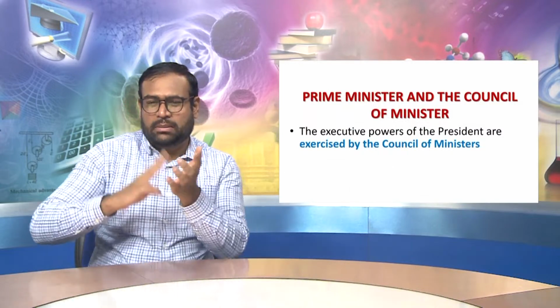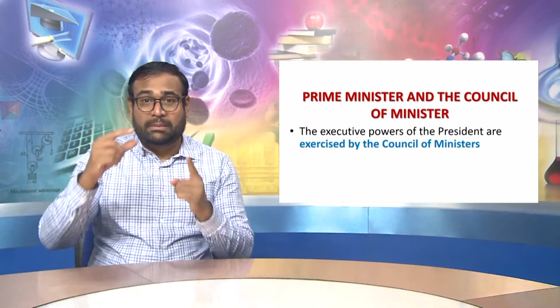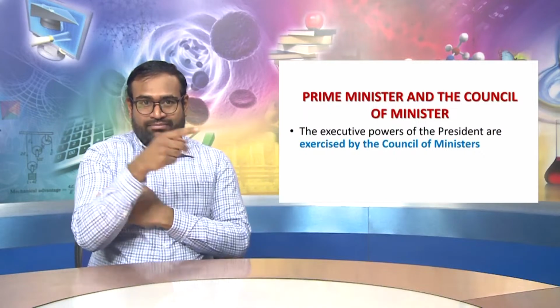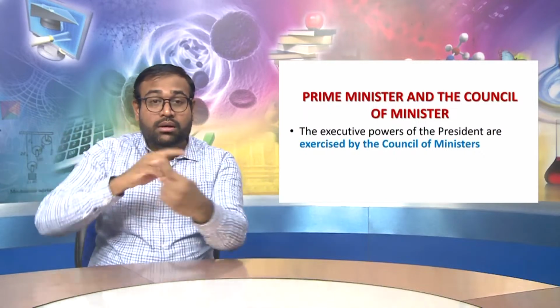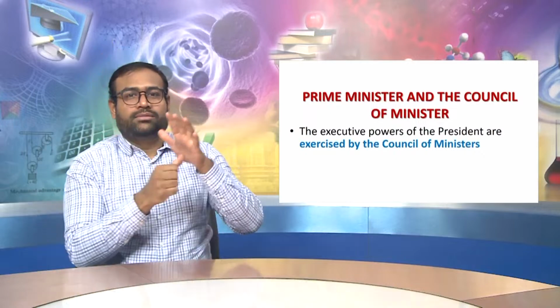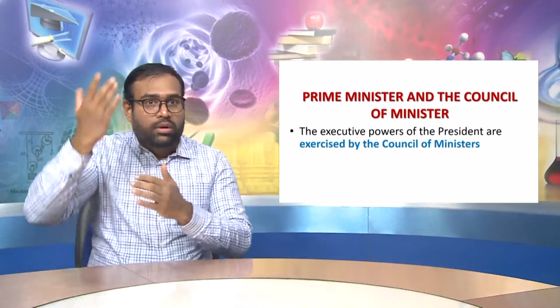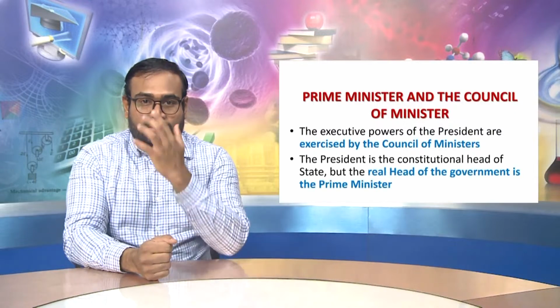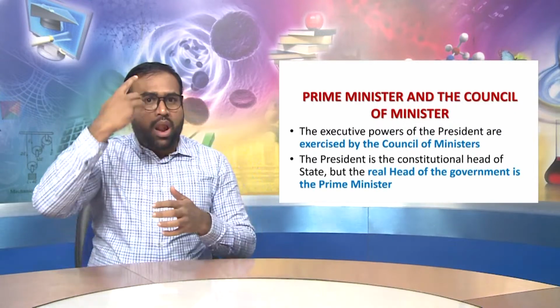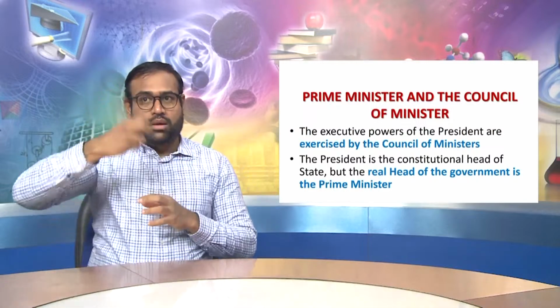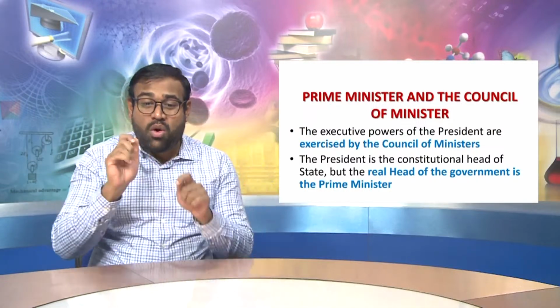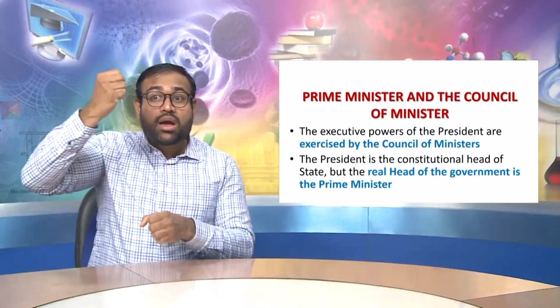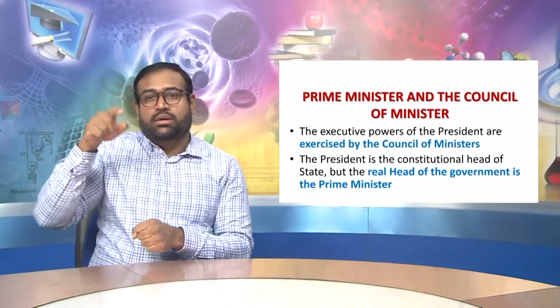The Prime Minister and the Council of Ministers. The executive powers of the President are exercised by the Council of Ministers. The President is the constitutional head of state, but the real head of the government is the Prime Minister.